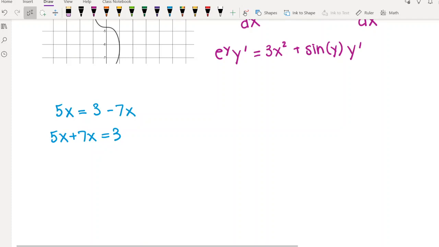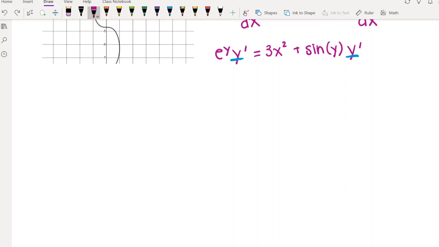And so it's the exact same idea here. We're going to try to gather up our y primes, because that's what we're trying to solve for. So let's subtract this part to the left side. We're going to subtract sine of y times y prime from both sides. So we get e to the y times y prime minus sine of y times y prime is equal to 3x squared.